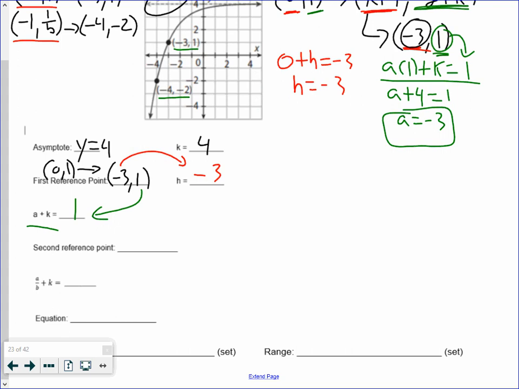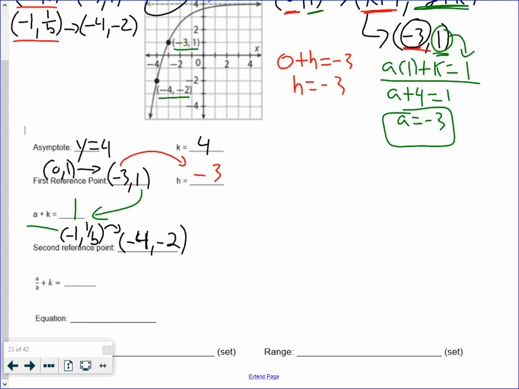Our second reference point is going to be -4, -2. And like we said in the beginning of this problem, that came from the point -1, 1 over b. That point transformed into -4, -2.